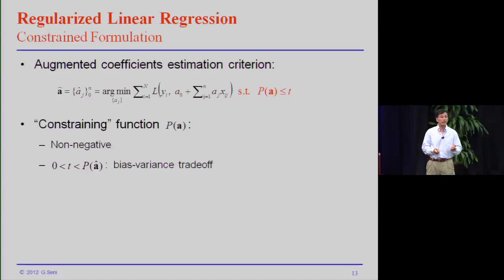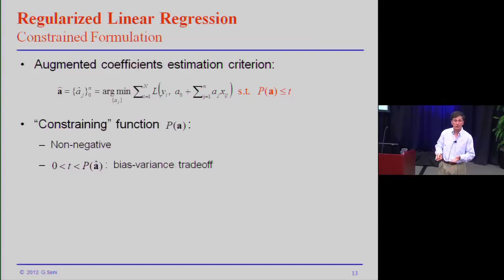So if T is close to 0, we have maximum regularization, simplest model, or equivalently maximum bias, but smallest variance. At the other end, if the threshold is very large, then the complexity penalty plays no role, and we get back the original ordinary linear regression estimates. We do not increase the bias of the model, but we have maximum variance.